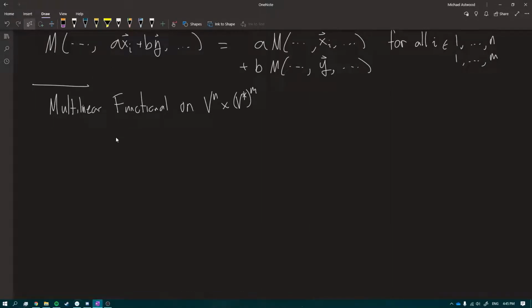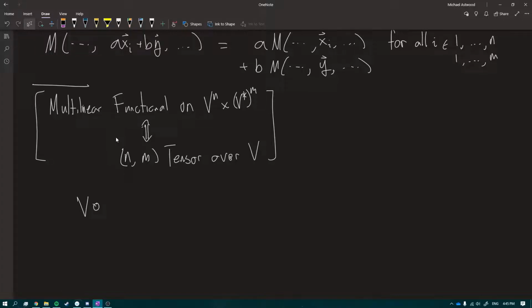So this phrase right here is the same as an (n, m) tensor over V. So the space of all such multilinear functionals is called tensor product space, and it's written as this.